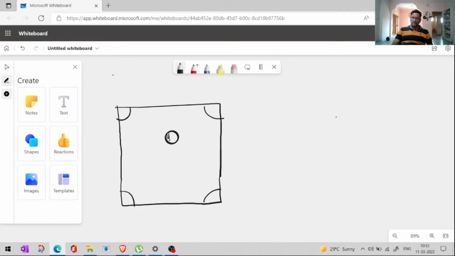This is a coin, and the striker position will be fixed somewhere here. So I assume this is a striker. Let me change the color. Yeah, this is a striker. Now to hit this coin you need to use some vector algebra.